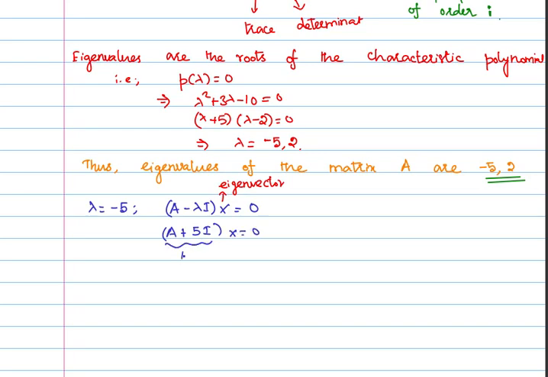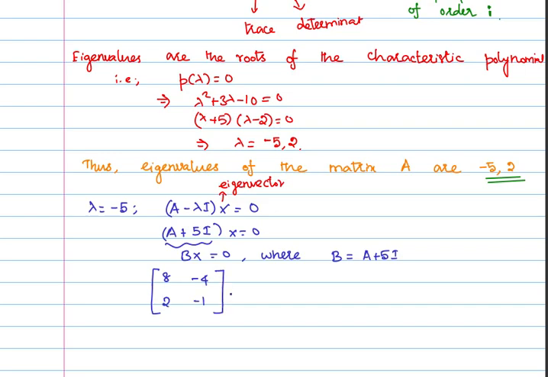Now take this as B, so Bx equal to 0, where B is A plus 5I. We know that 3 plus 5 is 8, minus 4, 2, minus 1.